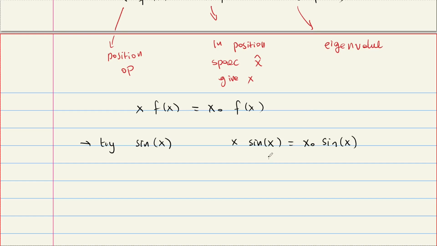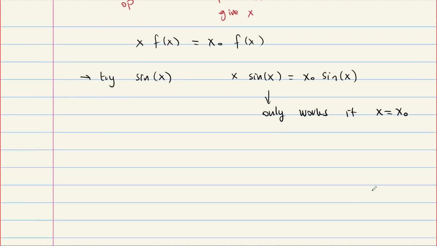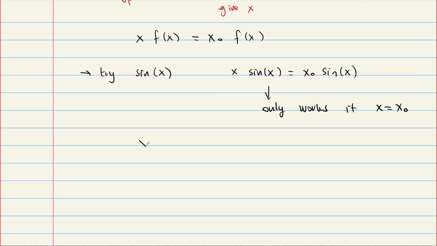So this only works if x is equal to x naught, but I want something that works even when x is not equal to x naught. You can try anything else. x e to the minus alpha x is equal to x naught e to the minus alpha x. The same thing. It works only when x is equal to x naught.